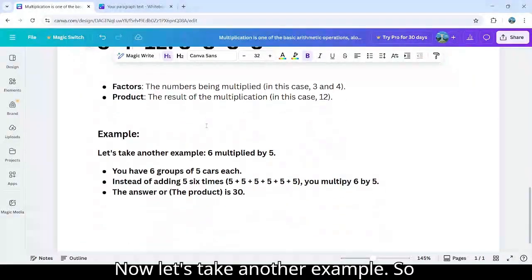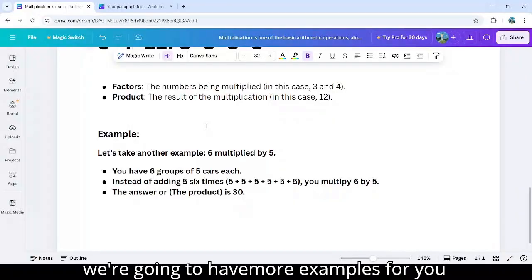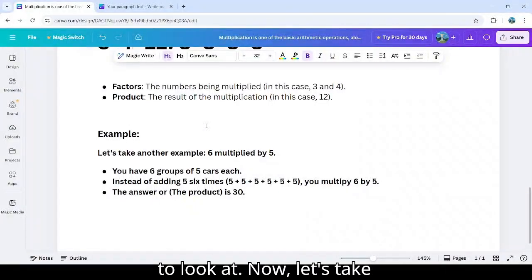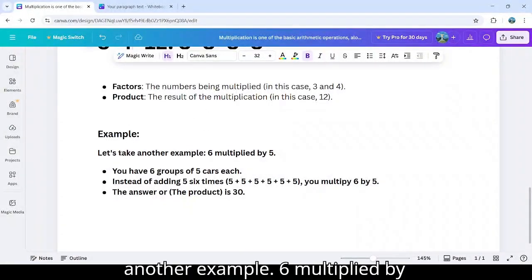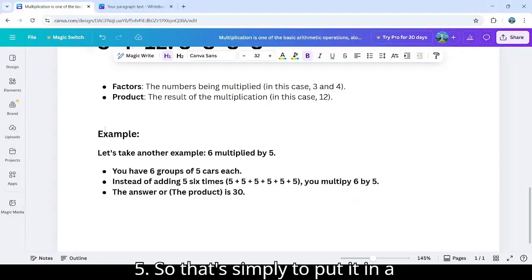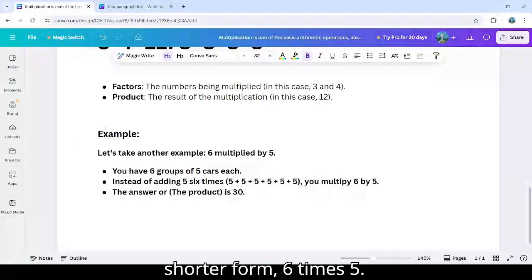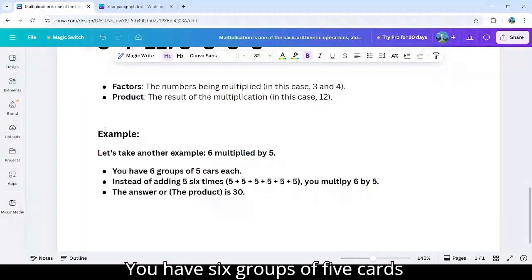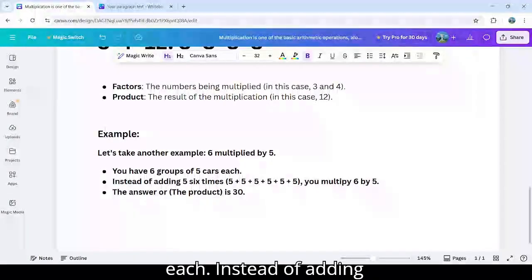Now let's take another example. We're going to have more examples for you to look at. 6 multiplied by 5. To put it in a shorter form, 6 times 5. You have 6 groups of 5 cards each.